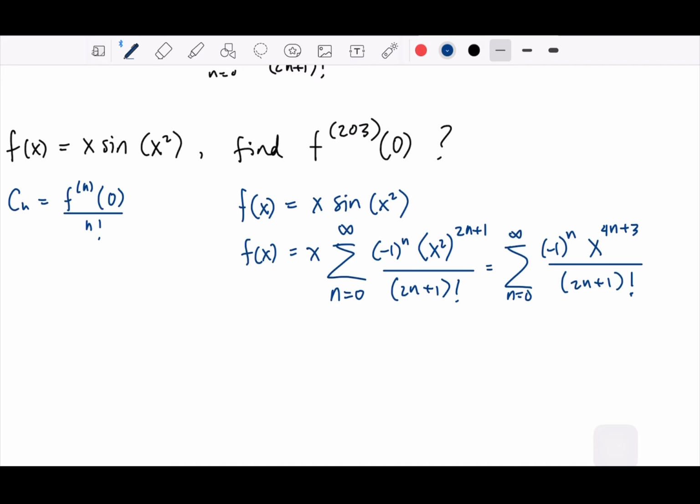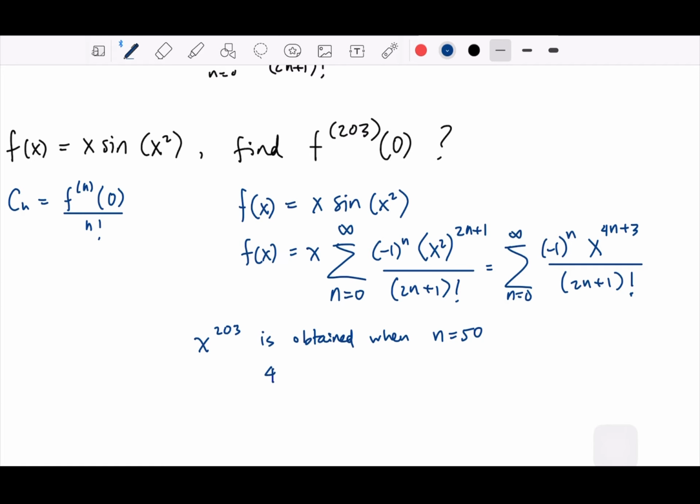Now why do we need these expressions? Because with these expressions we need to find what n can make this 203, right? We need to find the 203 derivative. So we need to make sure that the n, okay, so the x to the 203 is obtained when n is 50, right?